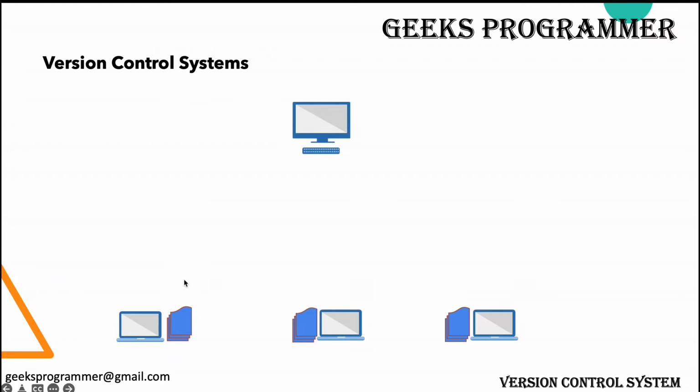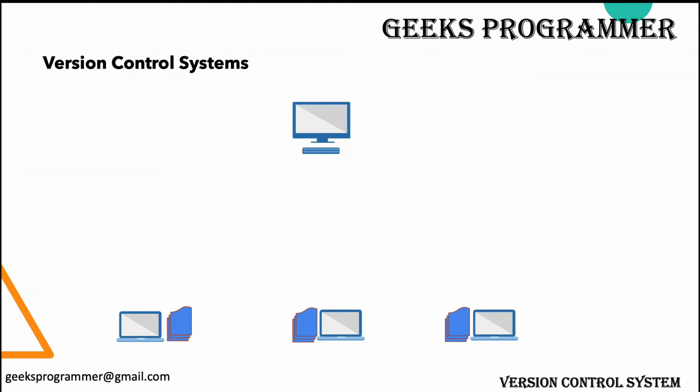Let's say I have a central repository or central server where the code is maintained, and your developers can have their own copy as well, or not. It depends on what kind of application you are using, but let's discuss a scenario at a high level.